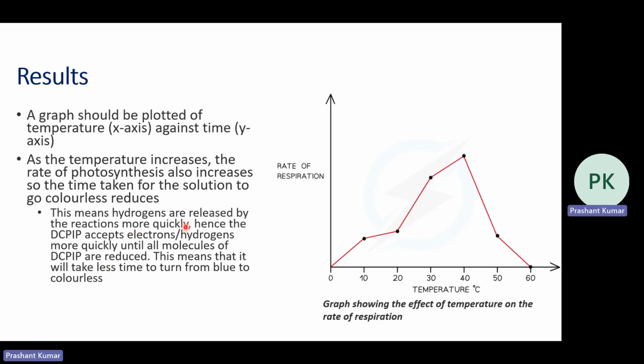So this means that hydrogen is released by the reaction more easily and faster. Hence the DCPIP accepts electrons more quickly until all molecules of DCPIP are reduced. This means it will take less time to turn from blue to colorless. So that's the reason why the solution is becoming colorless.